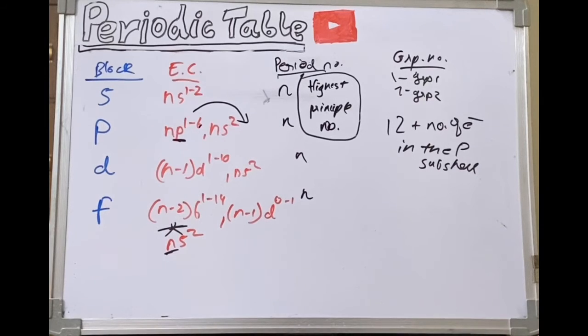So if there is one electron in the P subshell, it will be an element of group 13, because till group 12 there will be no electron in it. And as soon as it starts filling, it's starting from group 13 until it reaches group 18, when it's completely filled.